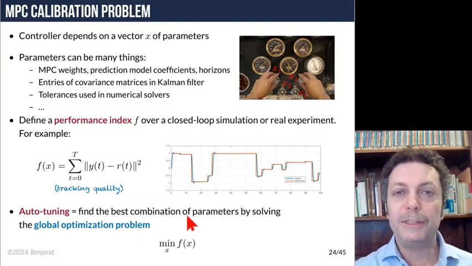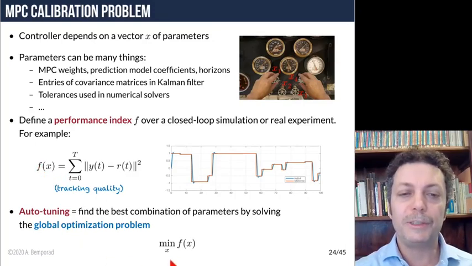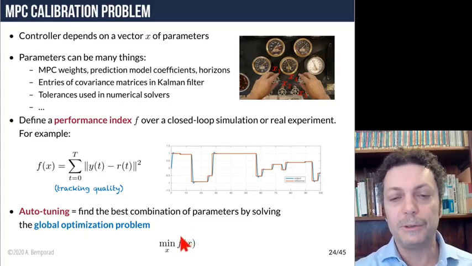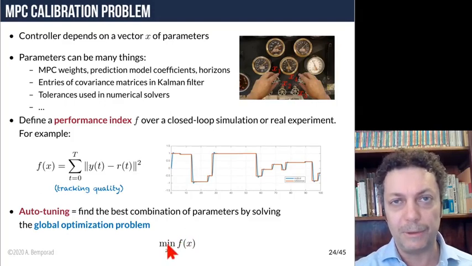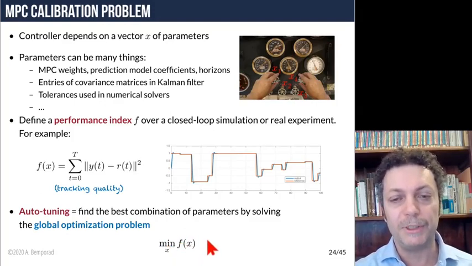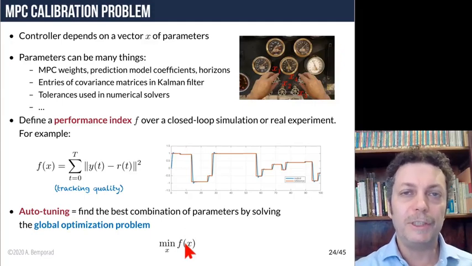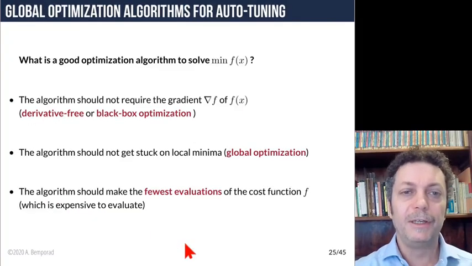Okay, and then try to minimize this function with respect to the tuning knobs. Now, this is a global optimization problem that you want to solve. So you want to minimize a rather complex function that depends on the closed loop behavior of the system with respect to the tuning parameters.